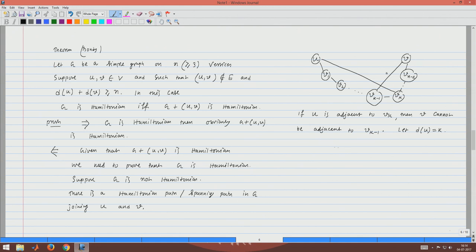So, v is then not adjacent to at least k of the n minus 1 vertices.